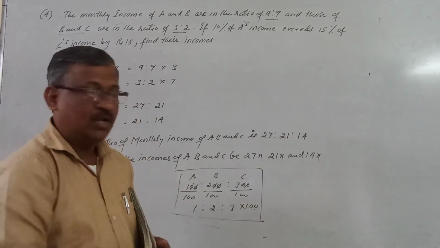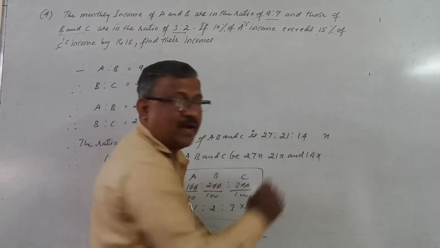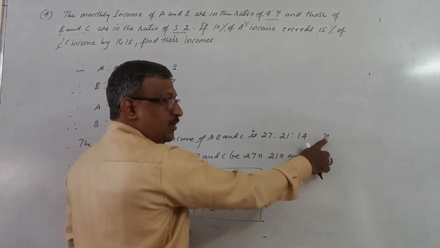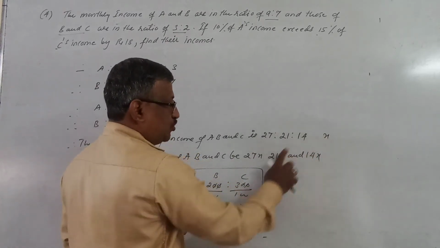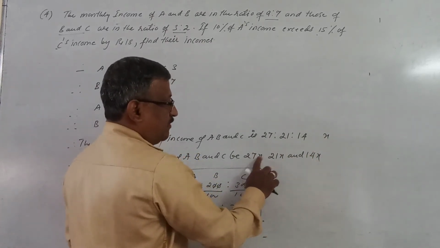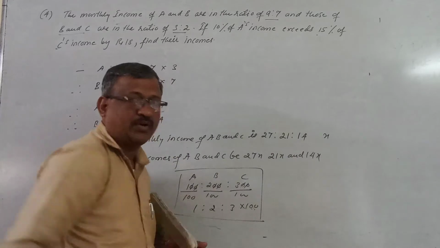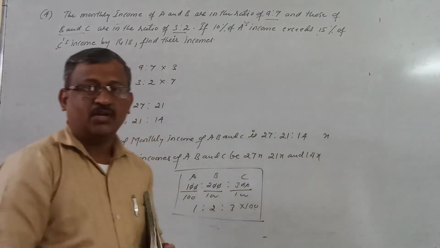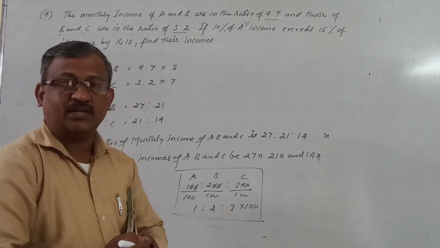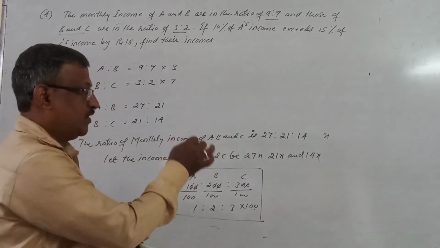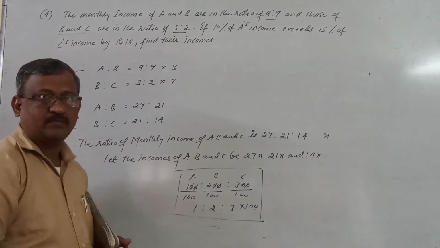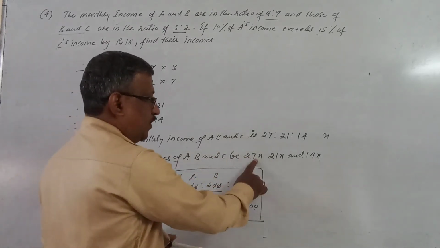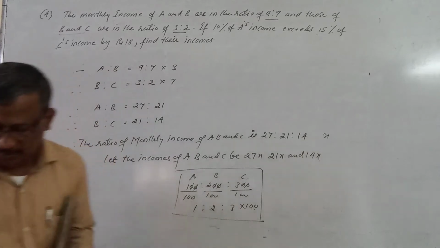So I assume that number as x, and multiplying the ratio by x, we get their incomes as 27x, 21x and 14x. This is the reason why we assume their incomes as 27x, 21x and 14x. Clear? I hope this is clear to you all.